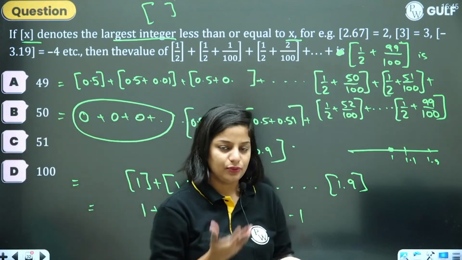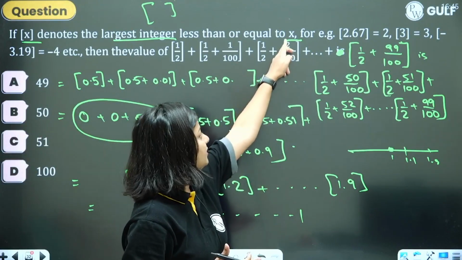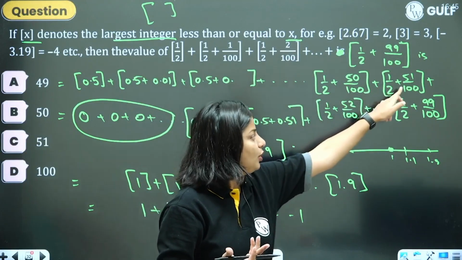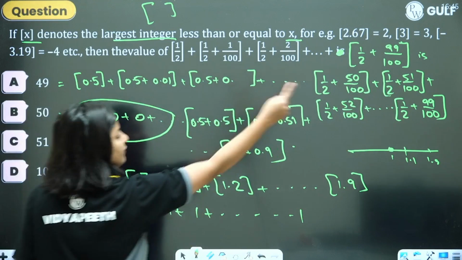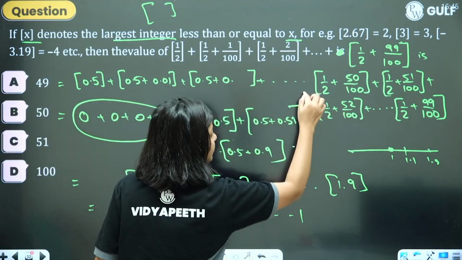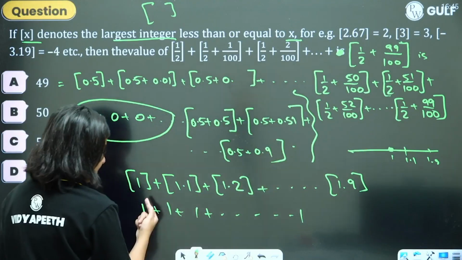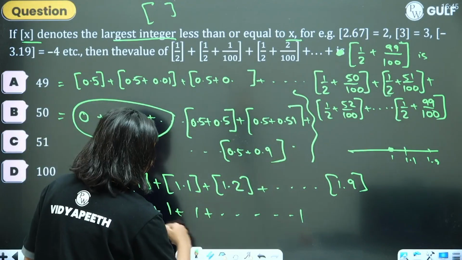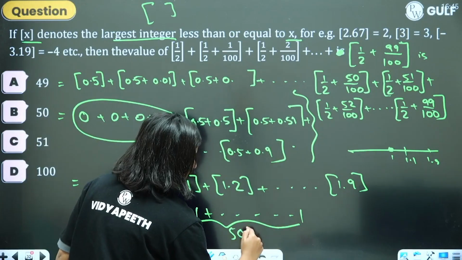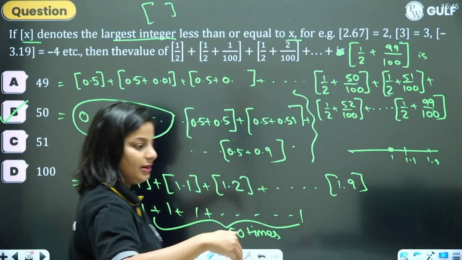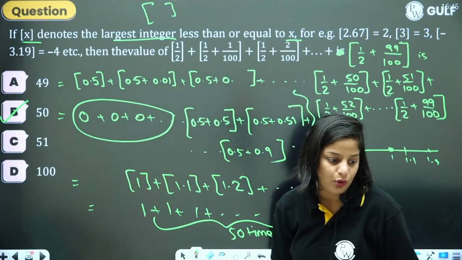From 50 onwards, 50, 51, 52, 53, till 99, you got the answer as 1, 1, 1. So this 1 is being added how many times? 50 times, isn't it? If it is added 50 times, 1 plus 1 plus 1, 50 times will be equal to 50.